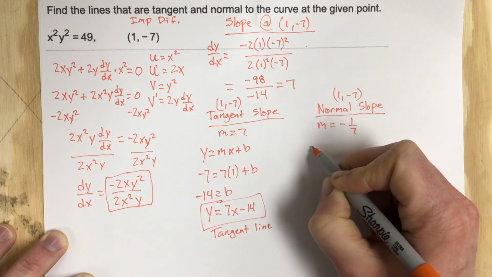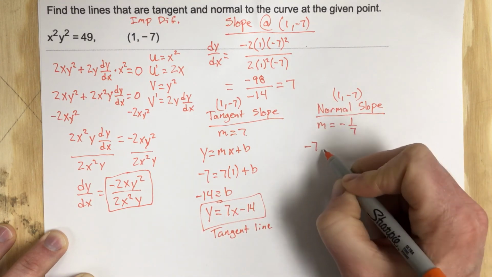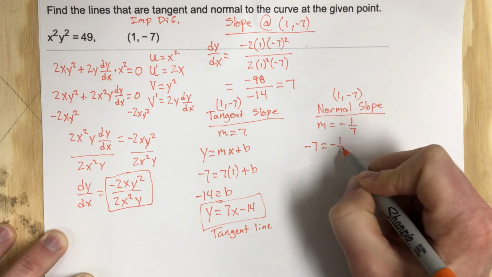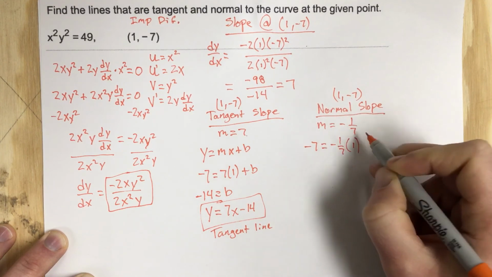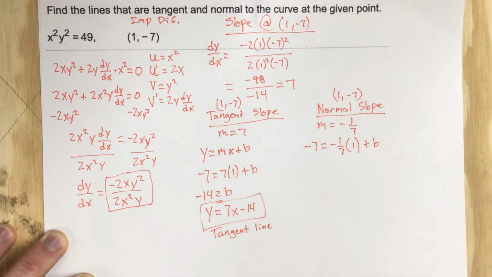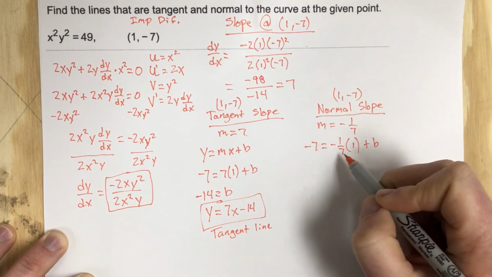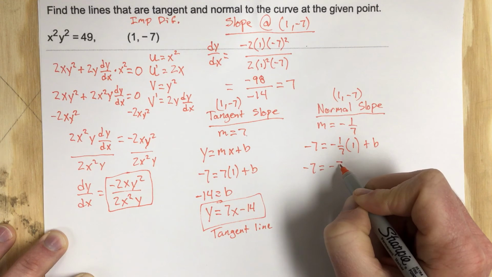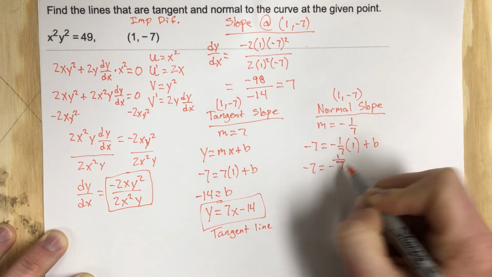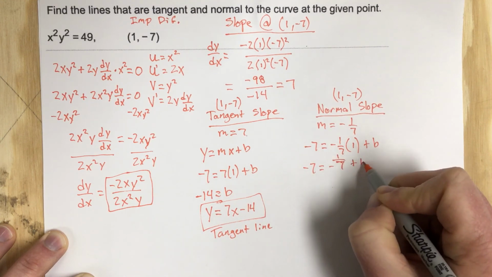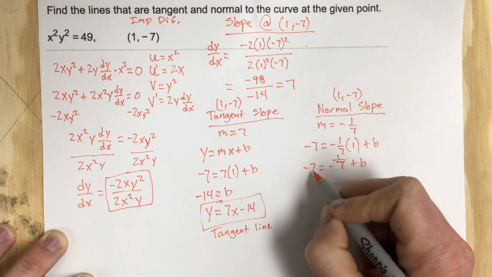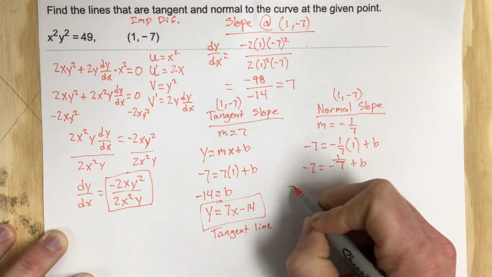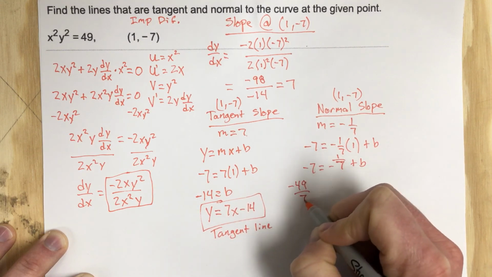The normal line, you'll do the same thing. We'll do negative 7 equals negative 1/7 times 1 plus b. And then we end up with negative 7 equals negative 1/7 plus b. Add that over. We got to find a common denominator there. That's going to be negative 49 over 7.